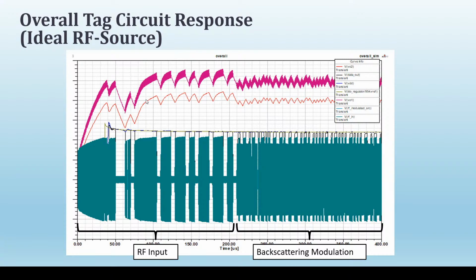And these two zigzag signals, let's see what it is. So RF modulated. Here we have the modulated signal, and the other one is the signal after the charge pumps.